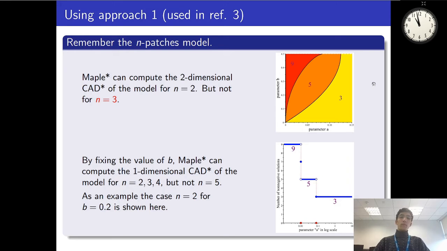Well, no. We said that with both parameters a and b being free, the computation could not finish. But let's fix the value of b, and then only let a be free. Then Maple could finish the computation for this algorithm, and we could get the one-dimensional CAD.